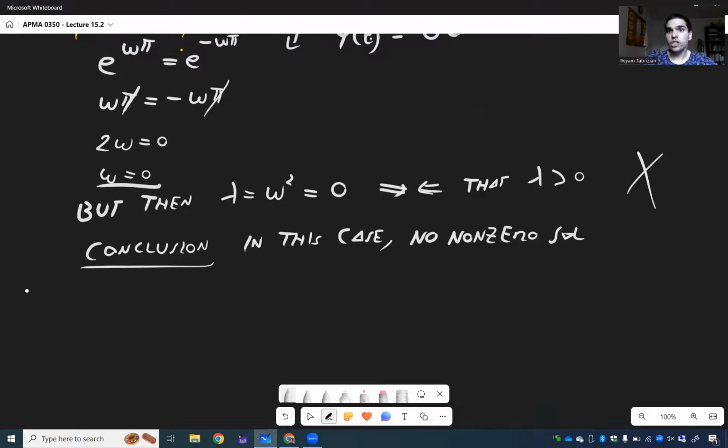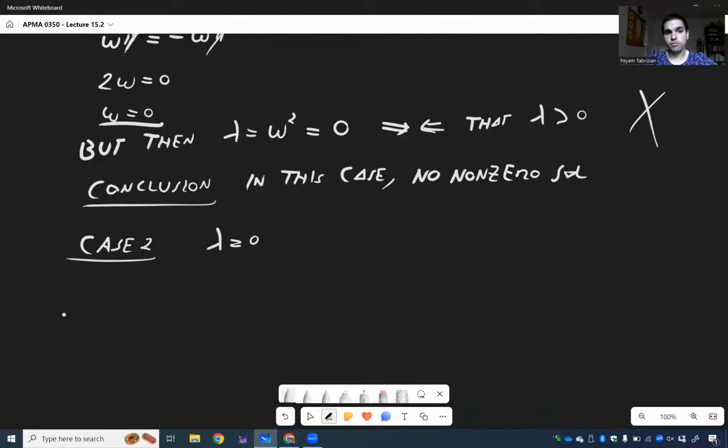So let's continue and do the case lambda equals 0. In this case, the auxiliary equation is r squared equals 0, which gives r equals 0, but repeated twice.